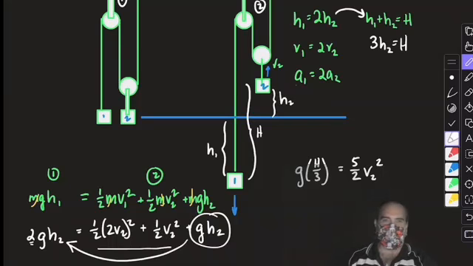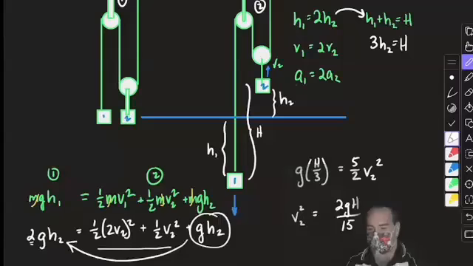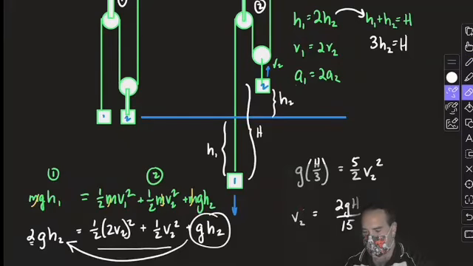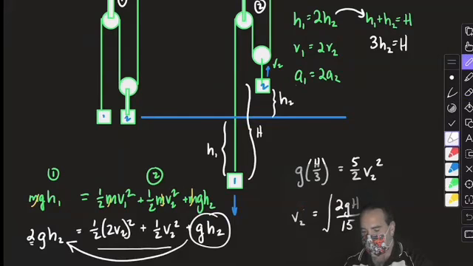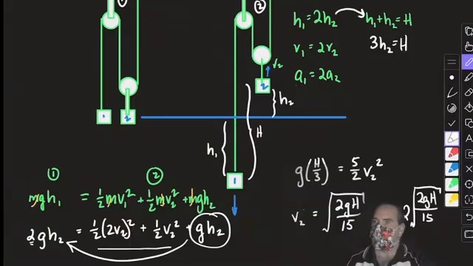And it seems to me that we're kind of done now. V2 squared equals, just multiply across, 2GH over 15. I know some people like this to be cleaned up, so let's go ahead and take the root. And V1 is just going to be twice this. There it is.